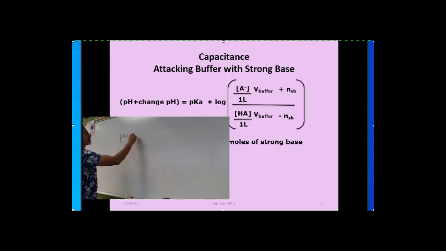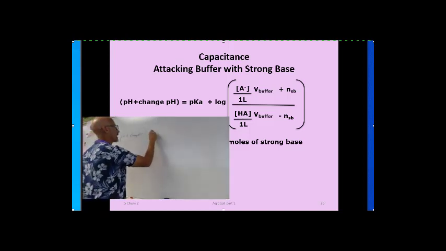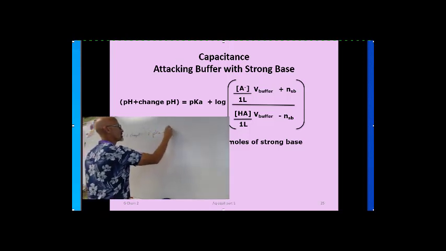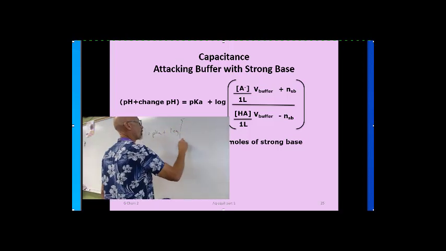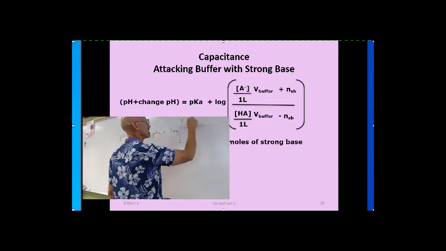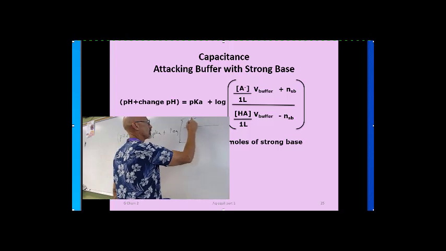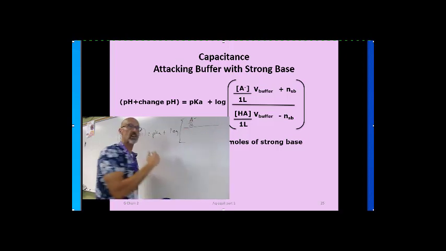We're going up because we're adding strong base. This is how much capacity I can deal with. Equals pKa plus log of. And I'm just trying to remind you that whatever I put up here for A minus, that's relative to 1 liter, right? So that's always assumed.